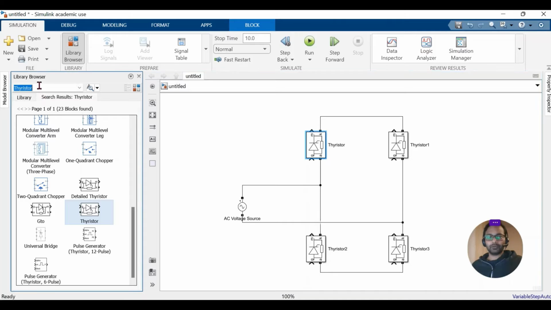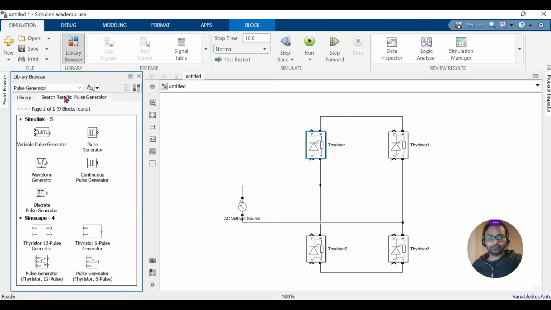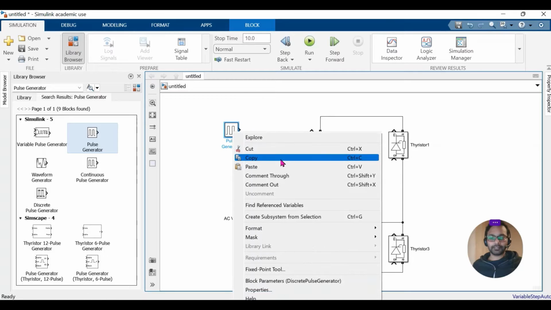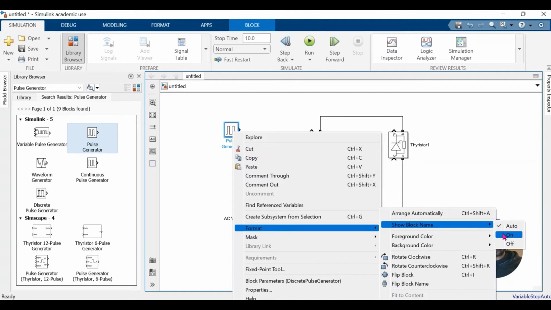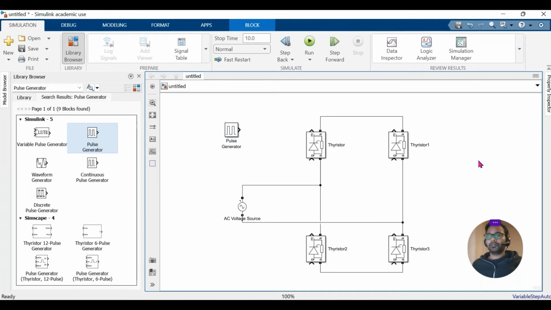Now the next thing I need is a pulse generator. I will use a single pulse generator to trigger all the thyristors. The gate terminal is here.